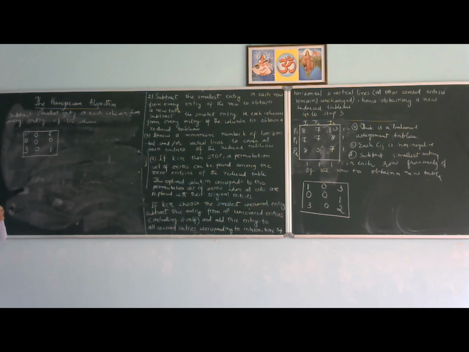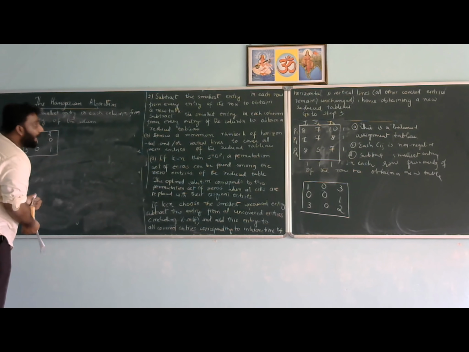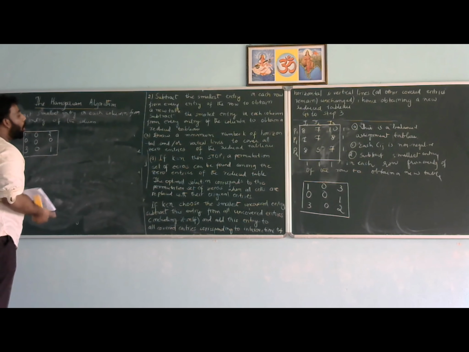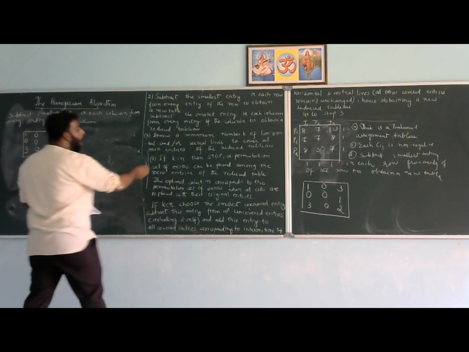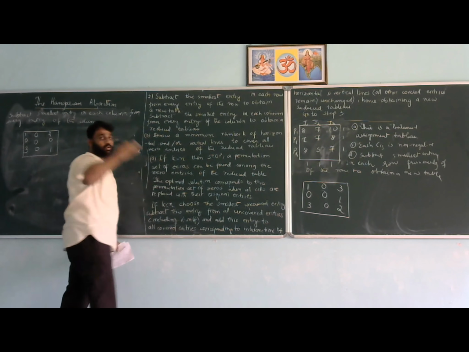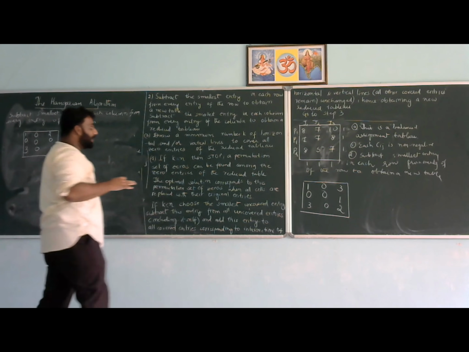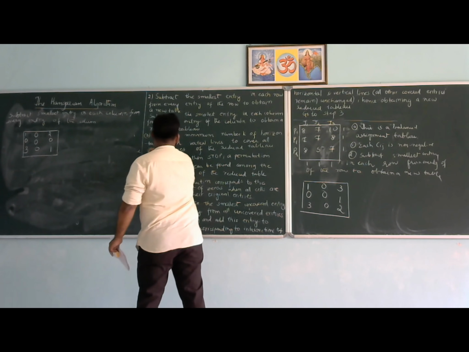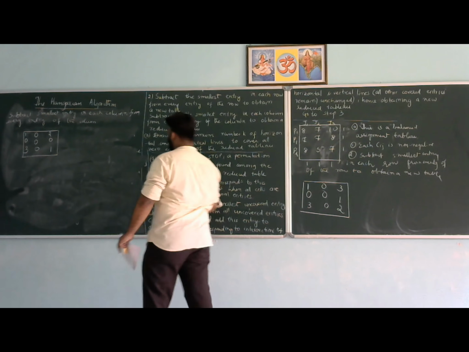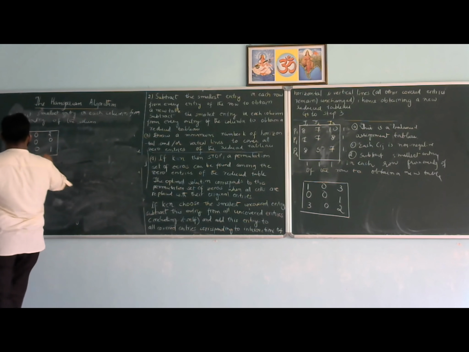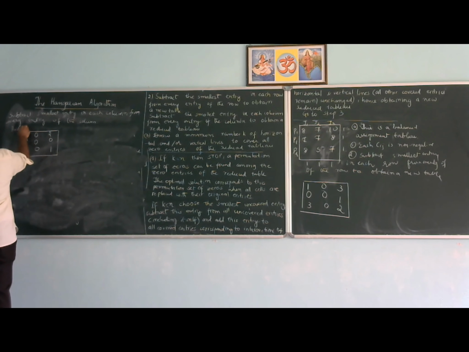Okay, let us apply the third step. Draw a minimum number k of horizontal and/or vertical lines. We can use horizontal or vertical lines to cover all the zero entries of the reduced table. So this is the reduced table. We have zero entries here, right?